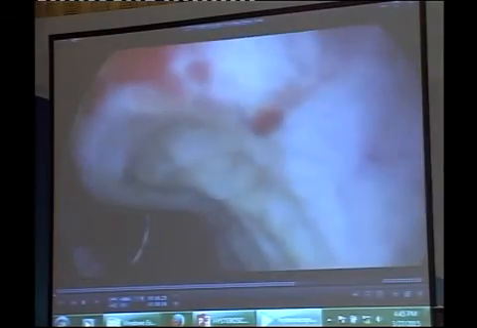Now the smaller myoma discovered at the level of the internal os is resected by the slicing technique.